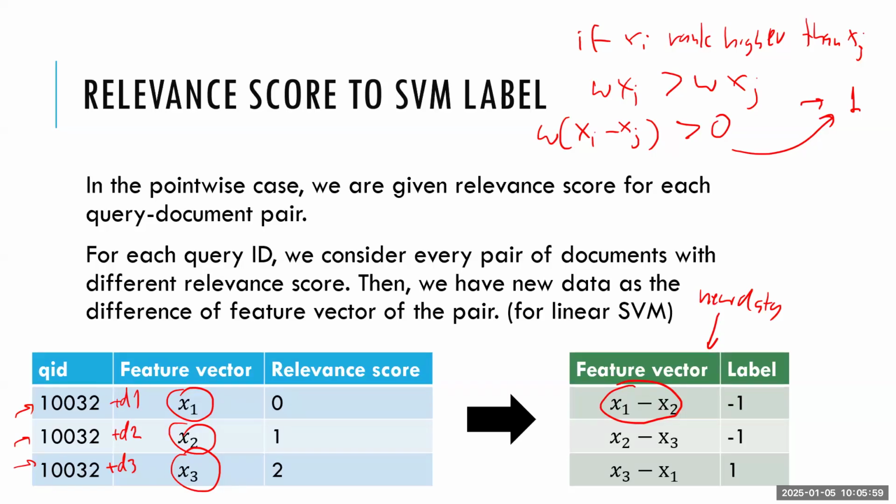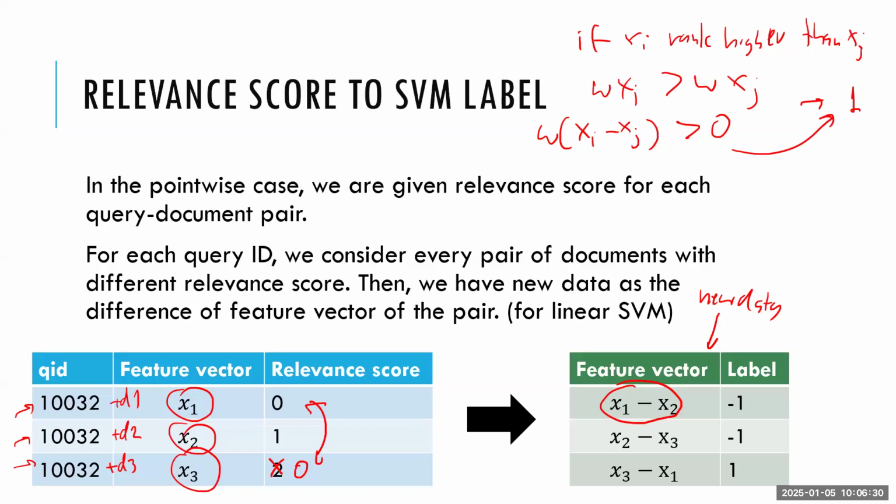And it's important to note that for the conversion, if let's say x3 also has the score of 0, so x1 and x3 have the same score, it means that in the new dataset, you are not going to use this pair because it has the same score, so you don't know which one ranks higher.